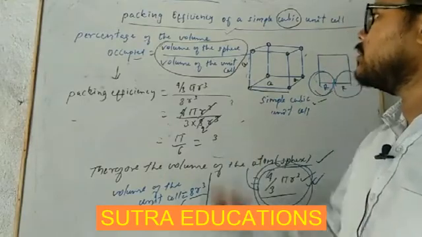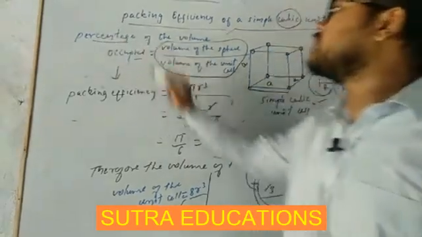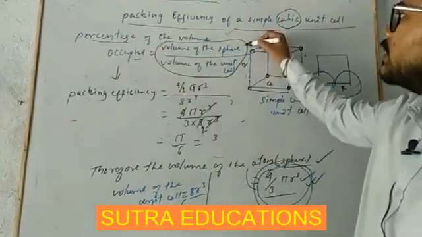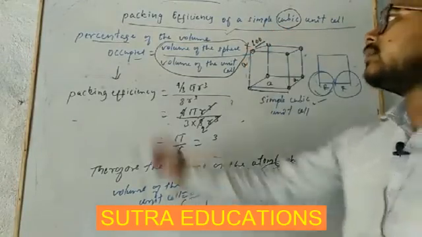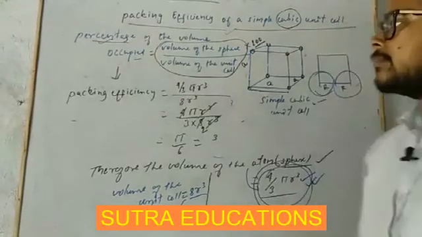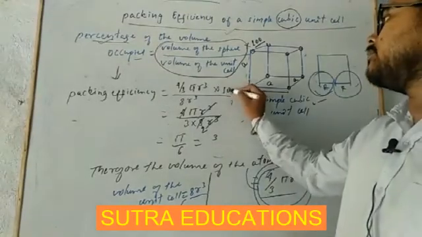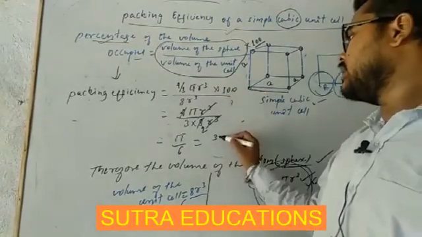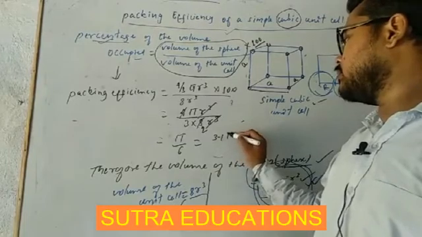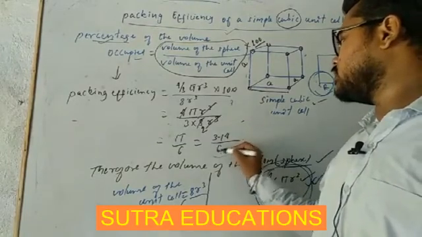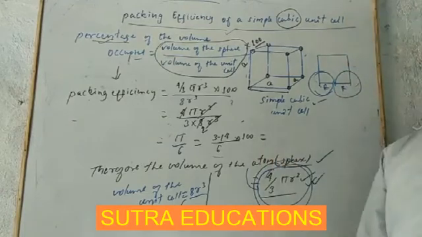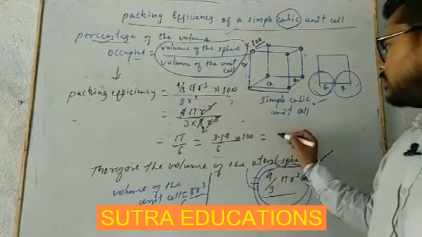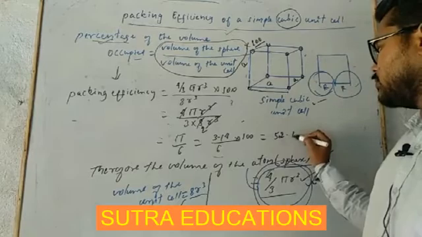Since we are calculating percentage now, we have to multiply it by 100. So multiply this by 100 because we have written here percentage. Okay, so 3.14 upon 6 into 100, and this will come out 52.4.